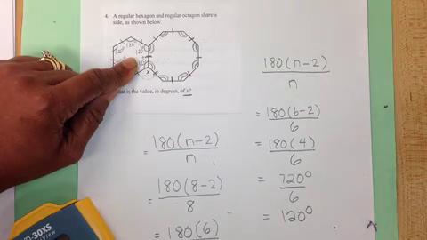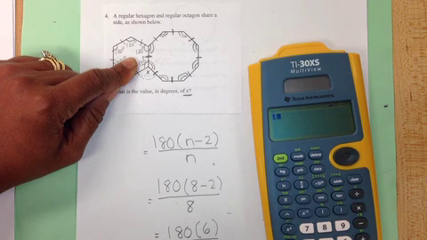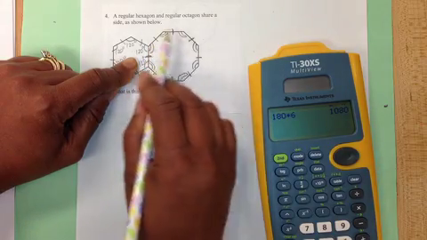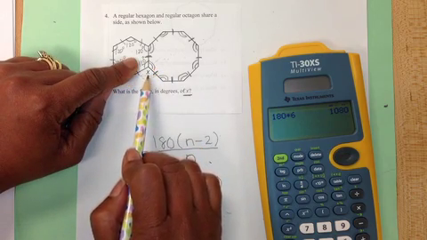So now let's take out our calculators again. We're going to say 180 times 6. Enter. That's 1,080. That would be the sum of all of the angles of this octagon. But we only need one in order to find the value of x.